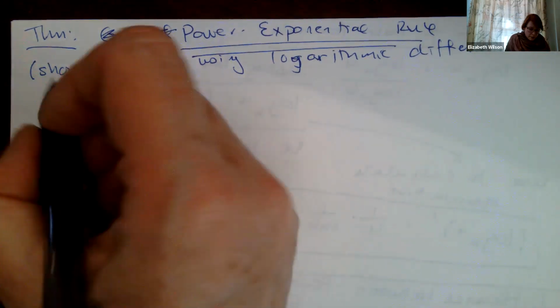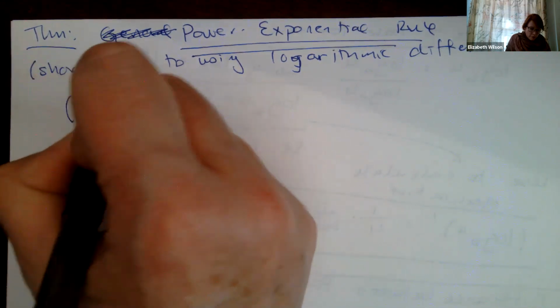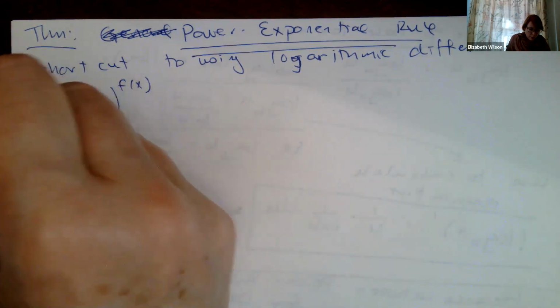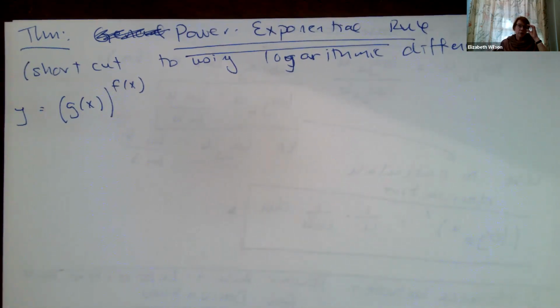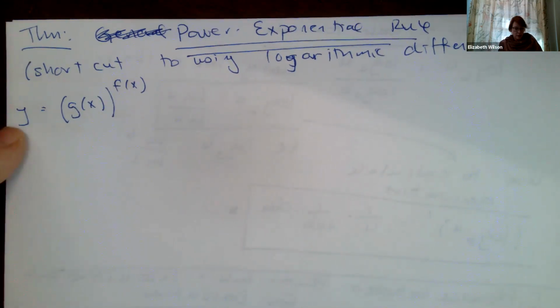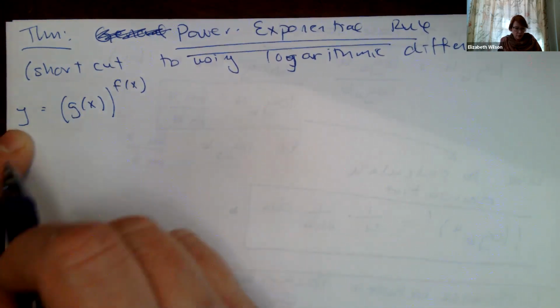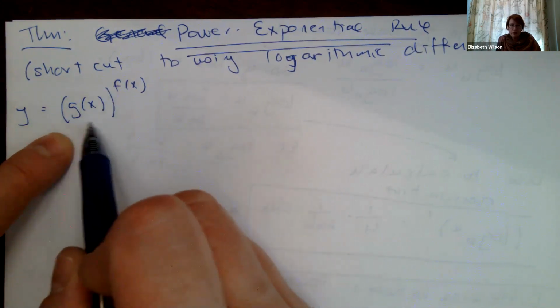So this is like basically saying if I have a function g of x and I raise g of x up to the power of f of x, I've got a function raised to a function. Say y equals that. I can do logarithmic differentiation on this. I take the natural log of both sides, which gives me natural log of y equals f of x times the natural log of g of x.